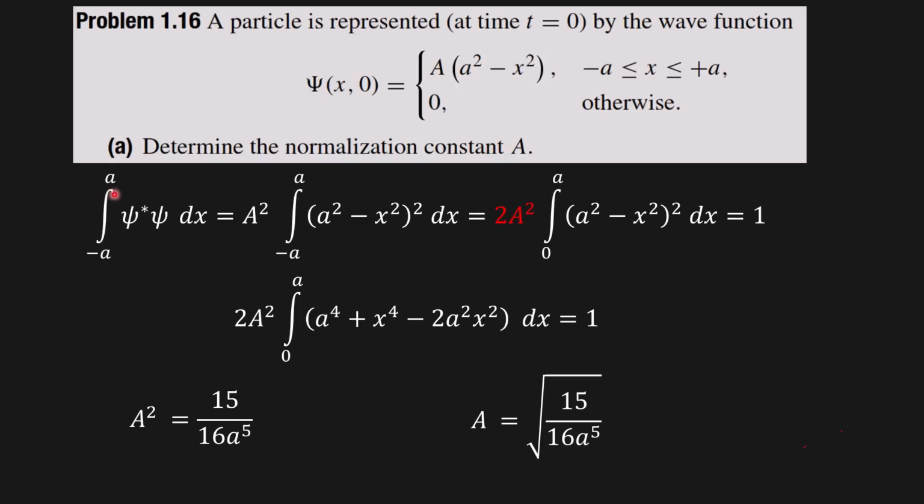To determine the normalization constant, we have to integrate between minus a to plus a ψ*ψ dx. Because it is a real function, we can square it. So A squared integral between minus a to plus a of (a squared minus x squared) whole squared dx.